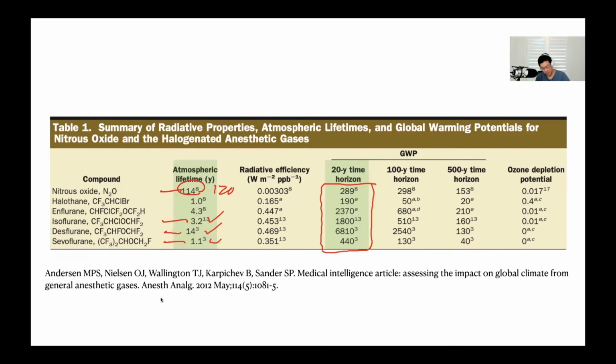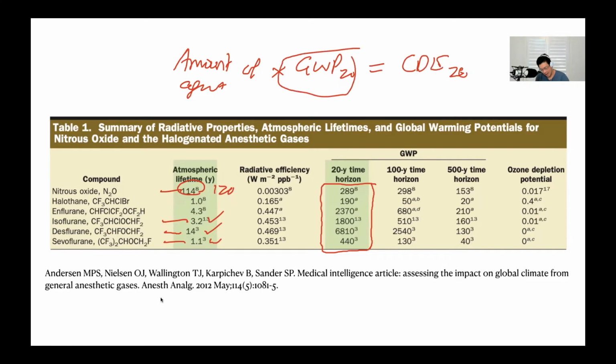They've used the amount of agent used, from that previous table, multiplied by the global warming potential over 20 years, which then equals your carbon dioxide equivalent over 20 years. And these are the numbers here. If you can remember them, it would be amazing, and I'm going to show you a little trick on how I remember them, and hopefully that will help you remember as well.